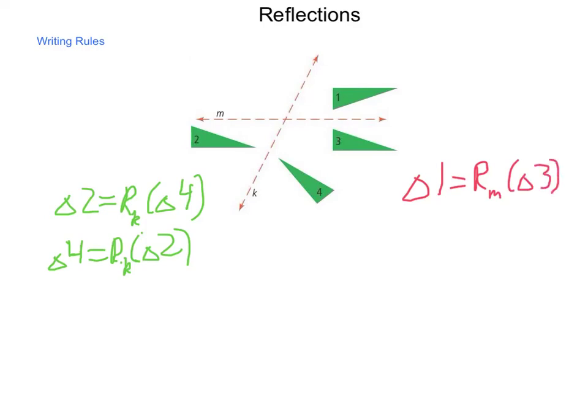And, using a reflexive property, triangle 3 equals a reflection across M of triangle 1. So the goal is being able to write a rule in the proper notation to match what we see, and being able to take directions and do the reflection that is given.